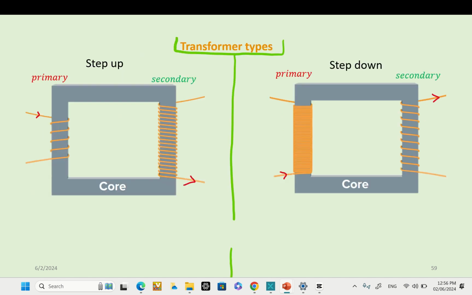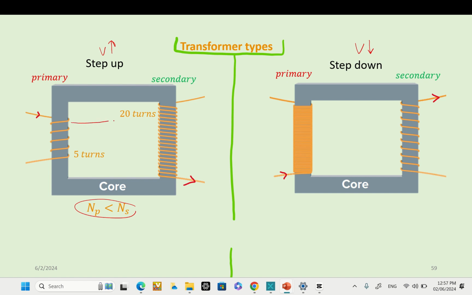We have two types of transformers. We have a step-up transformer that is used to step up the voltage, and we have a step-down transformer that is used to reduce or step down the voltage. In a step-up transformer, the number of turns on the primary coil is less than the number of turns on the secondary coil.